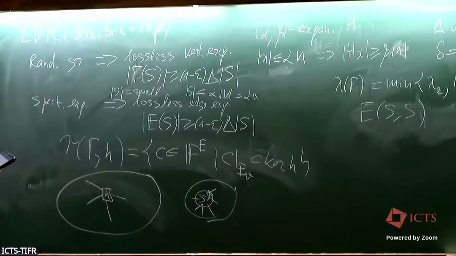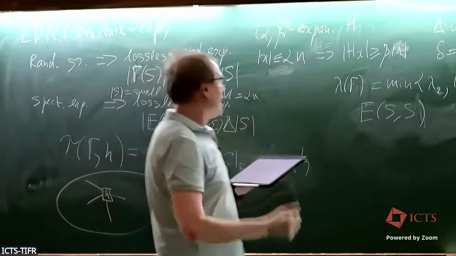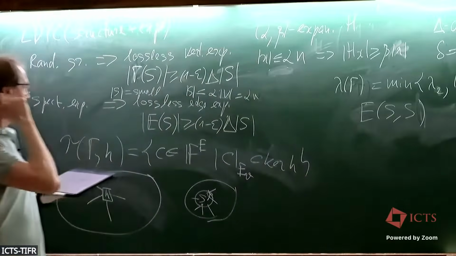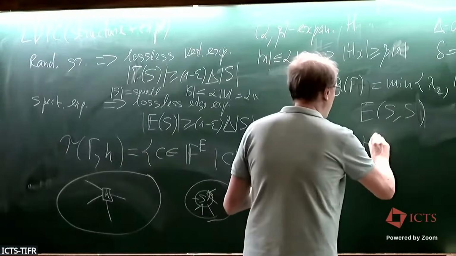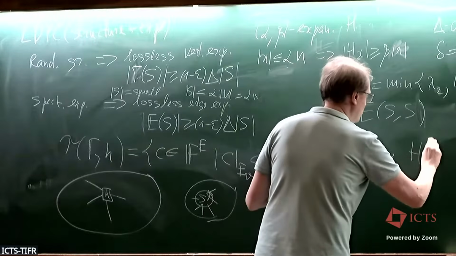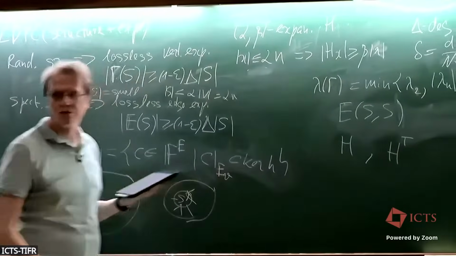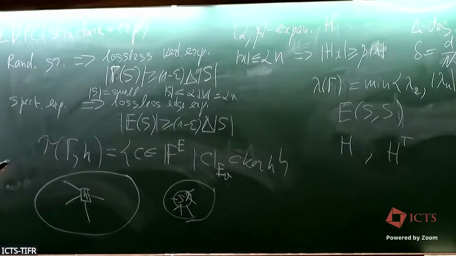And why I mentioned this is because you can also show some similar result, not for H, but for the transposed code. In fact, for the transposed code it is even much simpler.